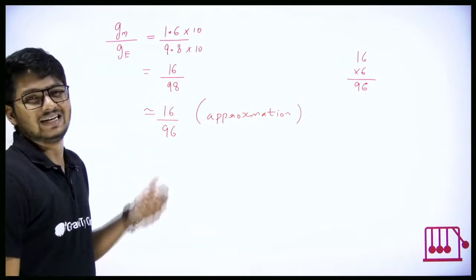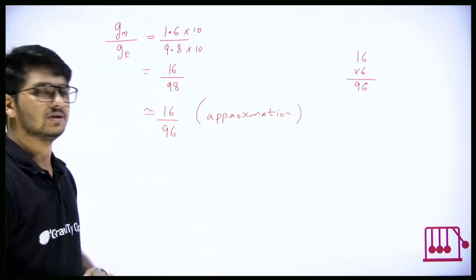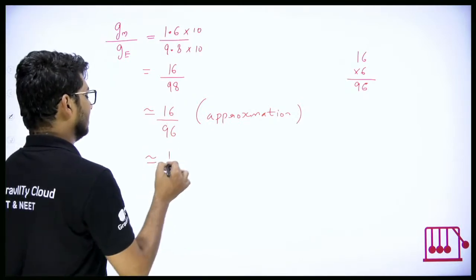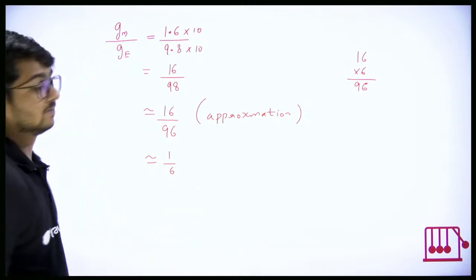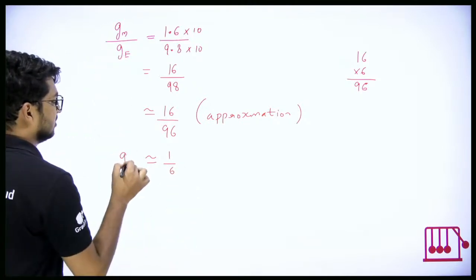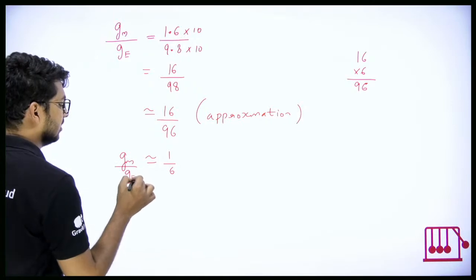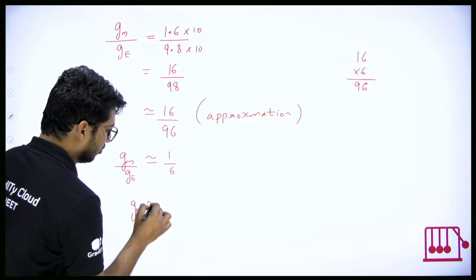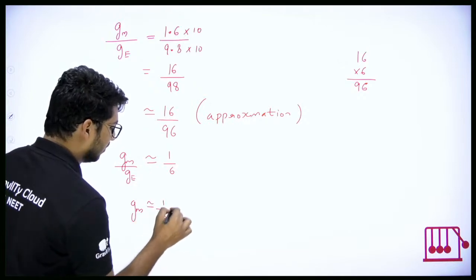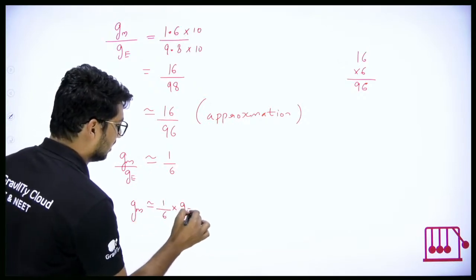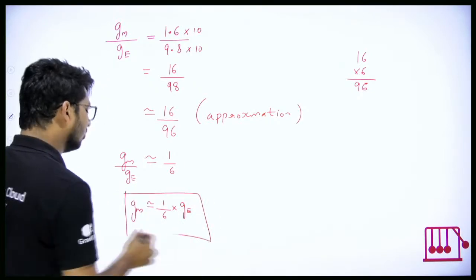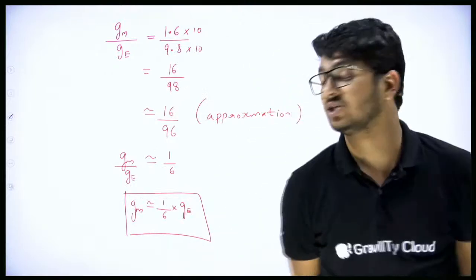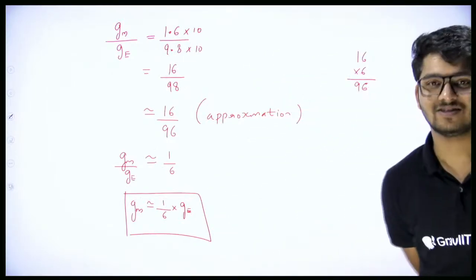98, I'm replacing with 96. 98 and 96 are close, so it's an approximation. So what is 16 by 96? It is 1 by 6. And what do we have on the LHS? Gm by Ge. So if I take Ge to the other side, acceleration due to gravity on moon is almost equal to 1 by 6 times the acceleration due to gravity on Earth.